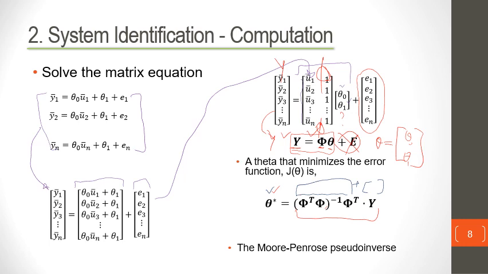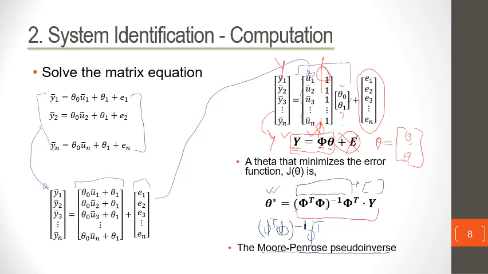Now, this value here, phi transpose times phi inverse times phi transpose, has a very common or famous name, which is called the Moore-Penrose pseudo-inverse.